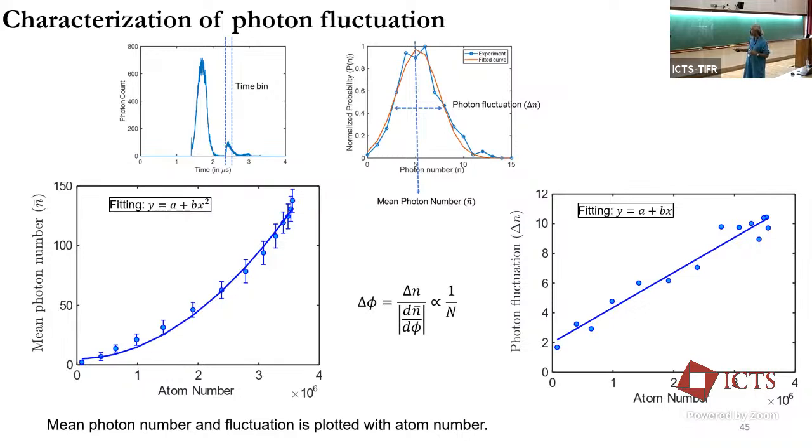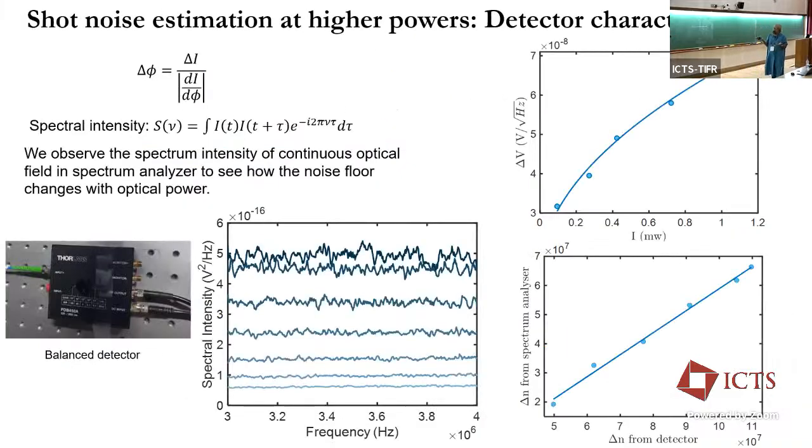But when we look at it as a function of number of atoms, the photon fluctuation characterized from this is linear. I would not say shot noise, but at least it's linear scaling. And the same is true in the high power regime, where the measurements are very different. You're looking at the spectrum. We are at shot noise limited detection, and there also you see a linear scaling.